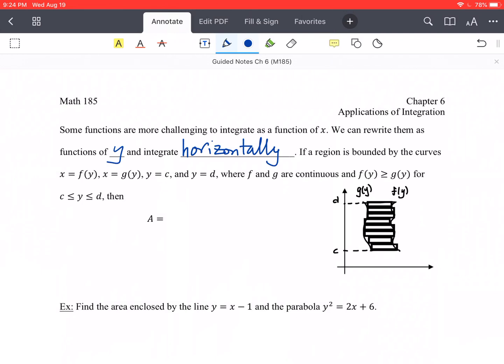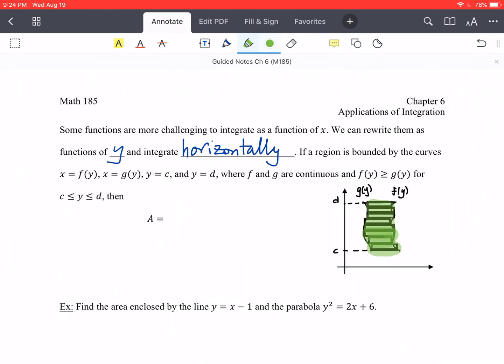So if a region is bounded by the curves f of y and g of y, and y going from c to d, where f and g are continuous, f of y is always greater than or equal to g of y on the interval, then we have this situation happening over here. Notice when I drew my rectangles, I'm going from f to g like this.